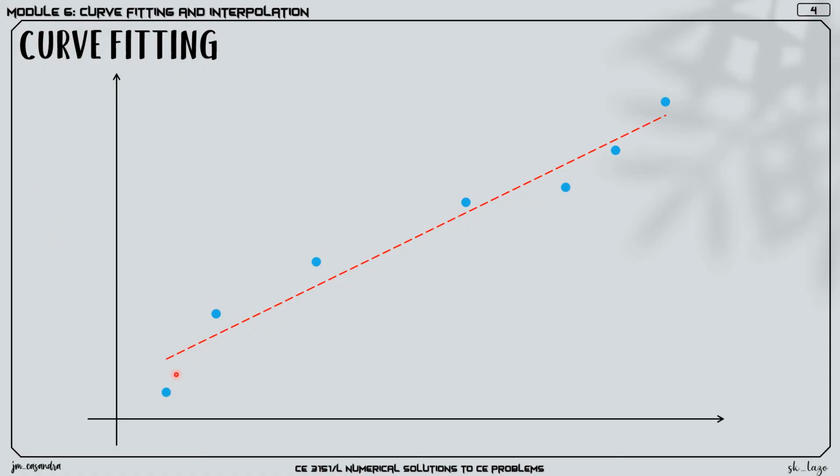Comparing the locations of the points from the gathered data for variables x and y, and the best line that could define, or the best equation that could define the relationship of variables x and y, we could see that there are some discrepancies.